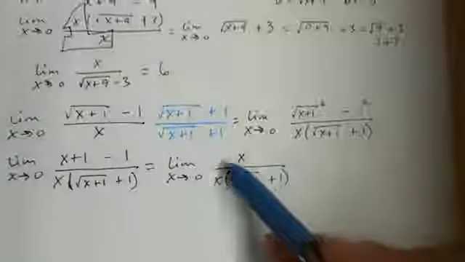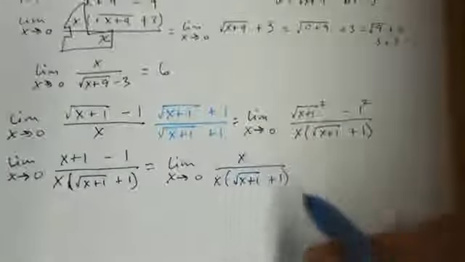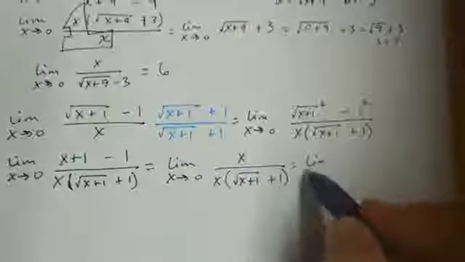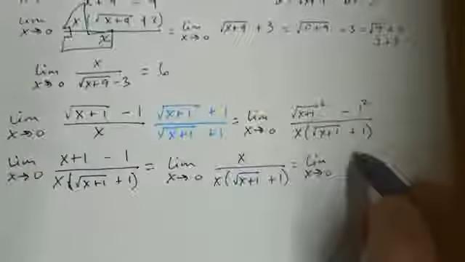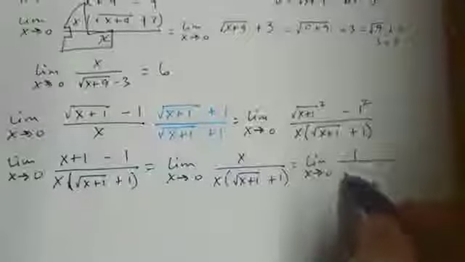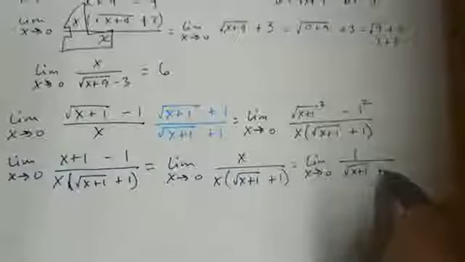The x's will reduce here. Next step, we'll be left with the limit as x approaches 0 of 1 divided by the square root of x plus 1 plus 1.